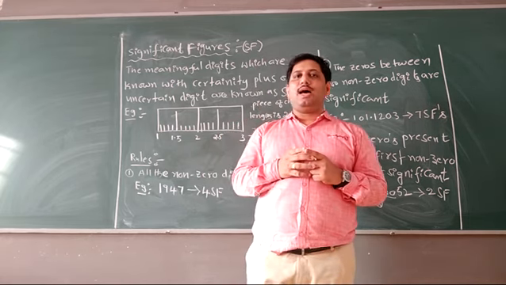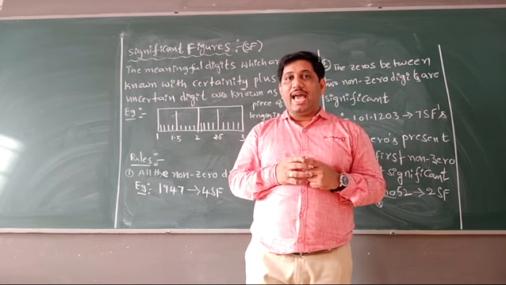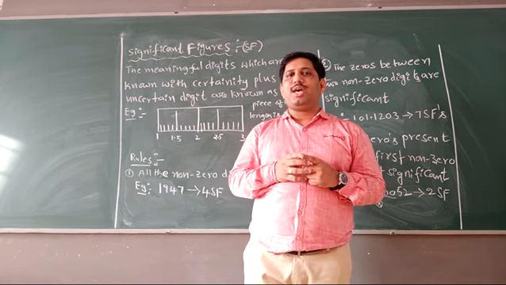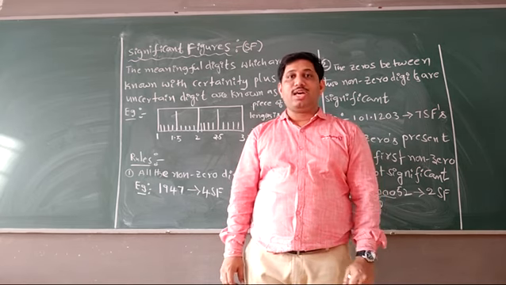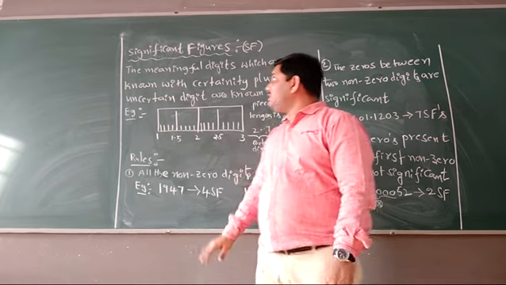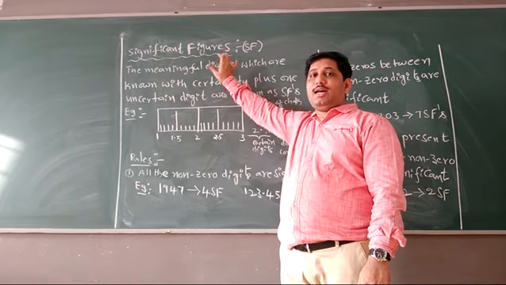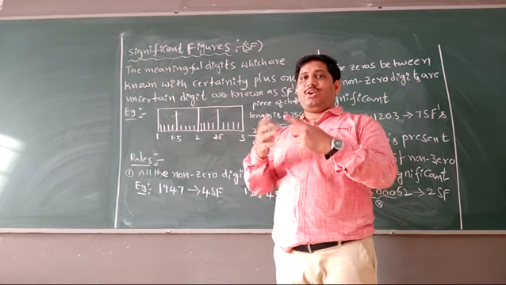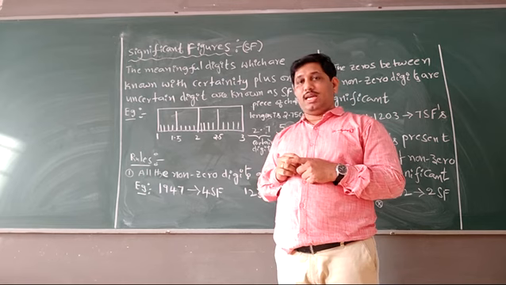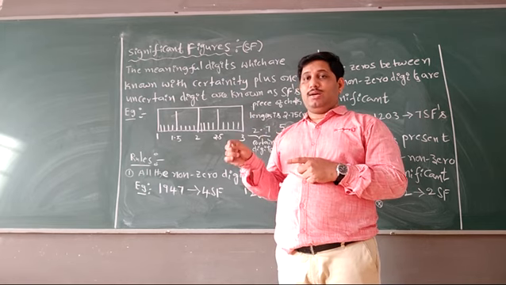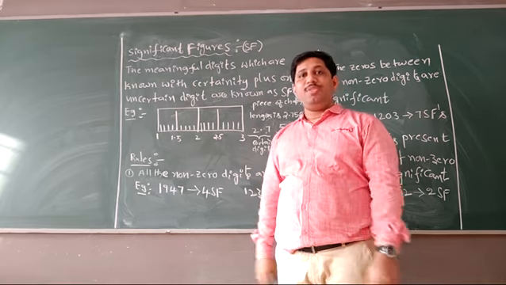Hence, these significant figures are required to express the result of the experiment in an accurate way, even though there is a lack of skill of the observer, even though the measuring device has some defects.